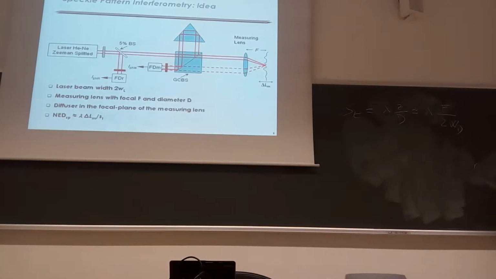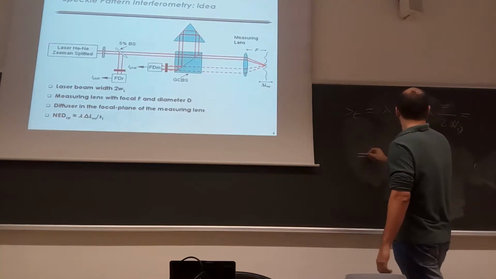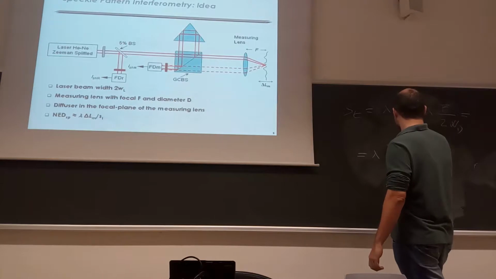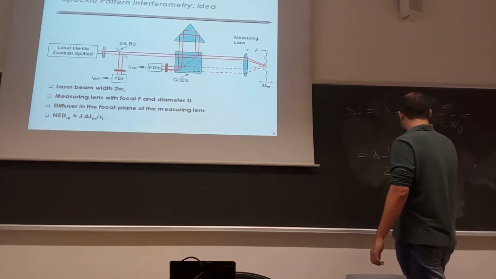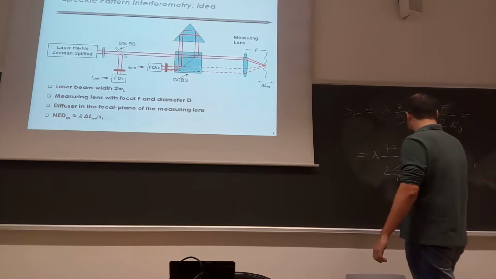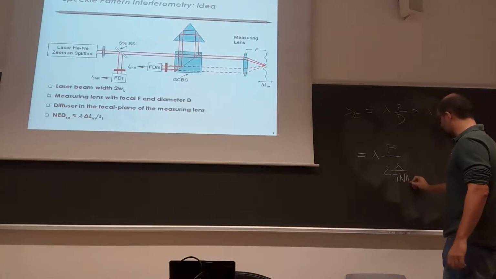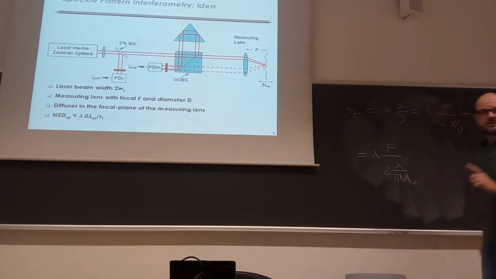Okay, this is the situation. And, okay, let's go on, because we have the wavelength, the focal length, then we have 2 lambda divided by pi NA effective, okay?